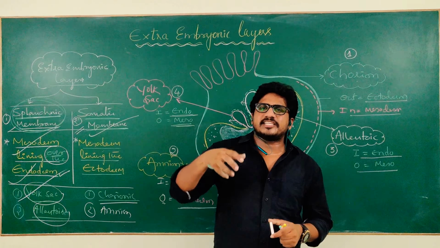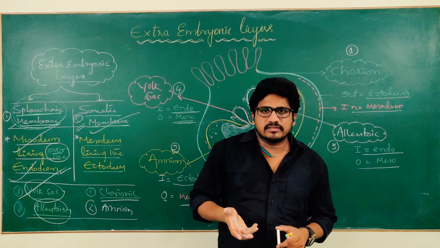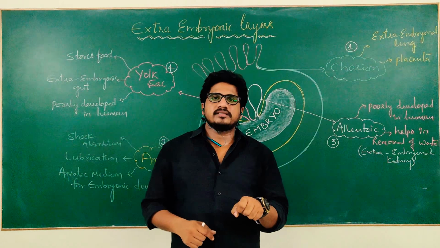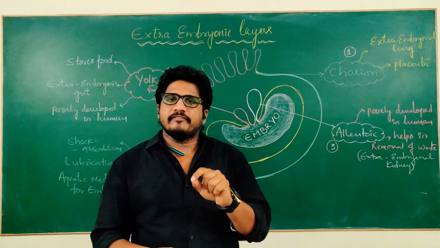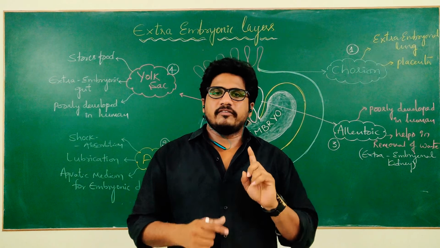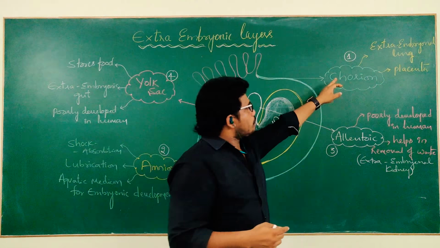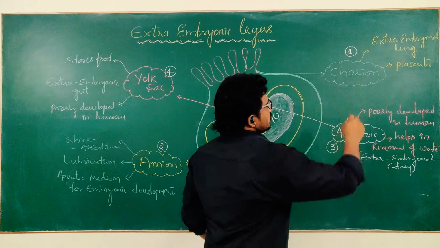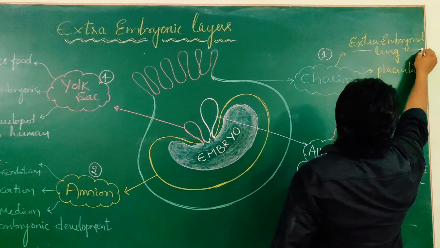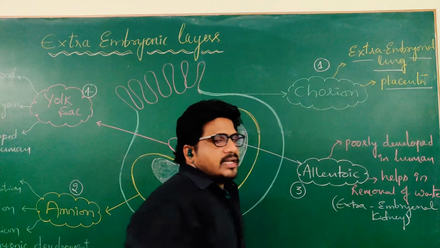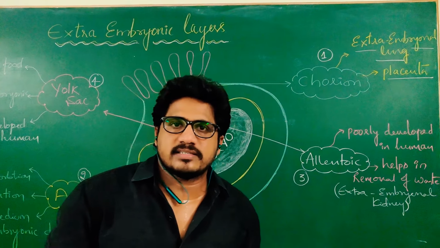We will discuss the function of each and every extra embryonic layer. The typical part of this class is the functions of each extra embryonic layer. The very first extra embryonic layer from the exterior is chorion. The chorion is also known as the extra embryonic lung. Why? It acts as a placenta which helps in the exchange of gases.